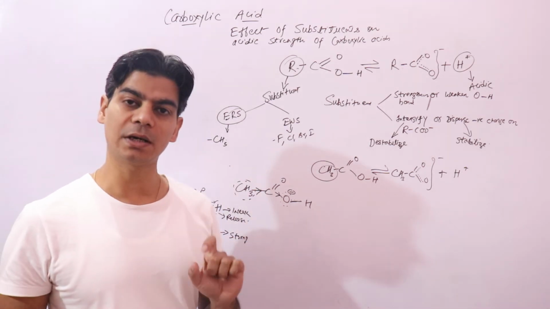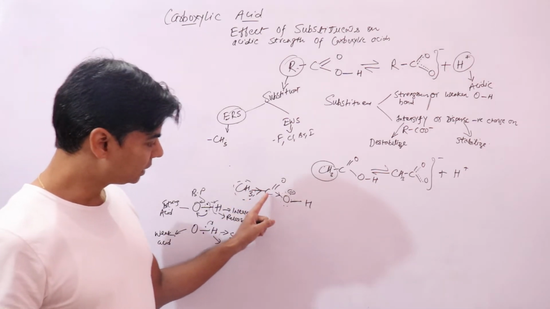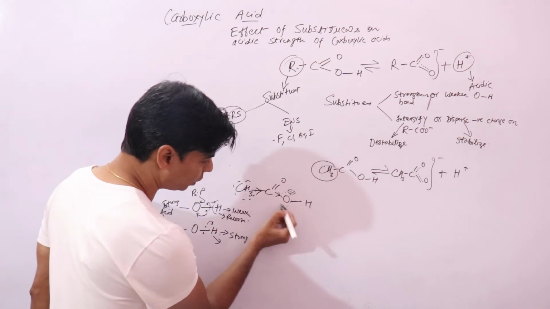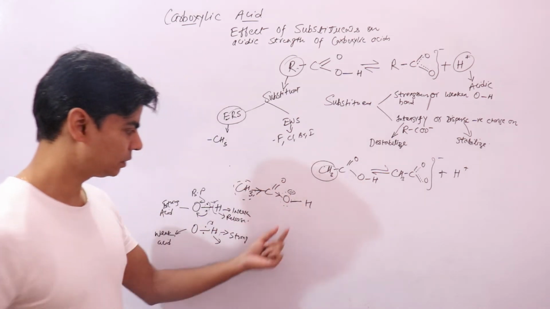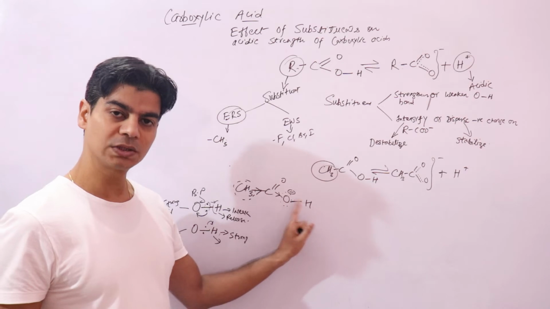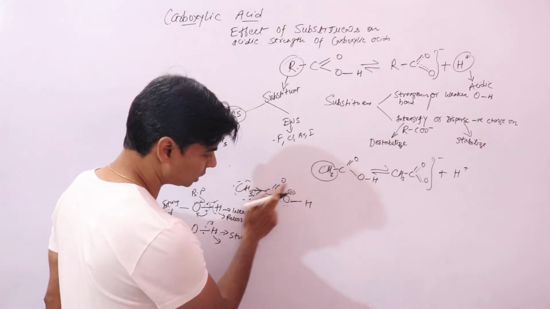We call it the inductive effect of the methyl group. Due to the plus I effect, it will release electrons towards the carbonyl carbon and oxygen. When you have more negative charge, or electron density increases, on the oxygen atom of this OH bond, it will make this bond a stronger bond.